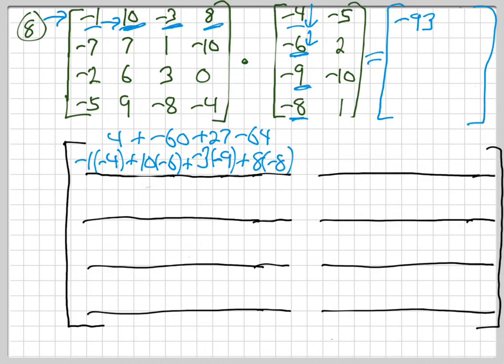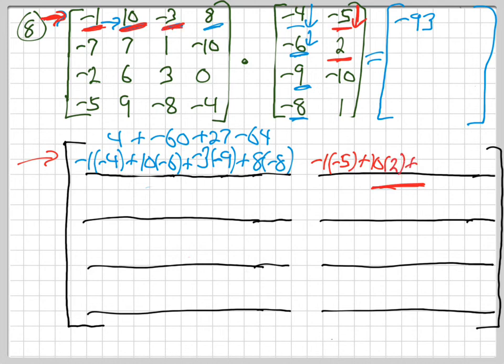Next one. So now I'm trying to do the upper right. I'm still on the top row here, but now I'm going down the right side. So -1 times -5 plus, go to the right, go down, always, 10 times 2.